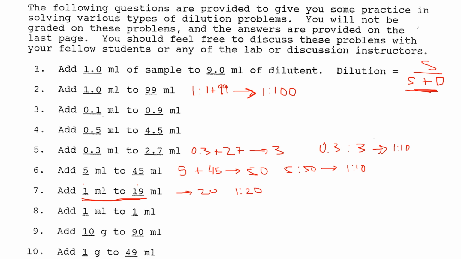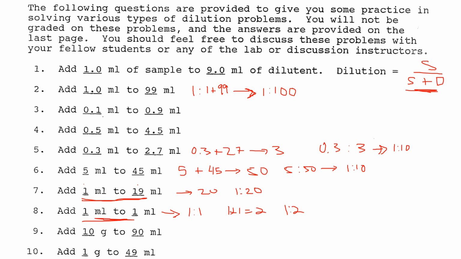Don't get tricked up here with the 1 to 1. This isn't actually a 1 to 1 ratio. We still have to add the numbers, so it's 1 plus 1, which equals 2, and then we have our 1 to 2 ratio. Don't get messed up on these simpler problems.